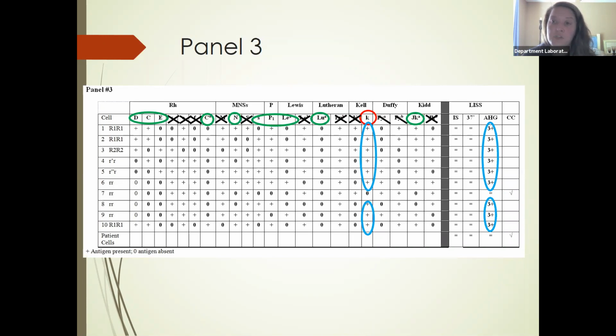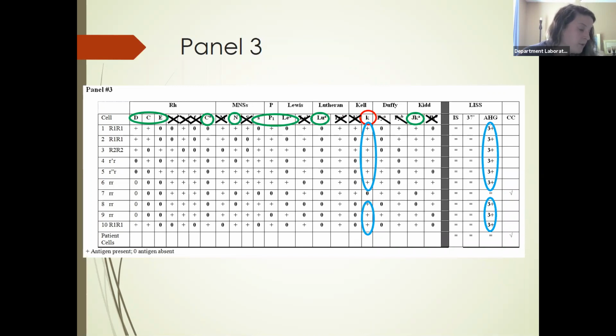You would want to choose a Chelano negative cell. You would need a D positive cell, a big C positive cell, big E positive, N positive, little s positive, P1 positive, and JKA positive. All right, so those are all of the select cells. You would probably run quite a bit of select cells.